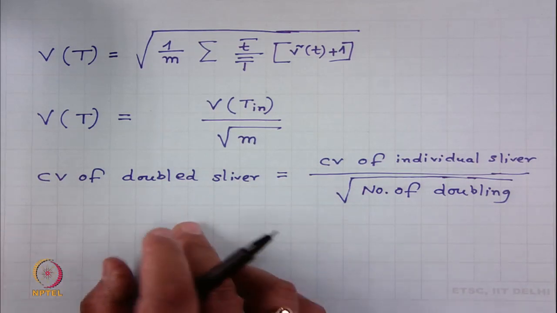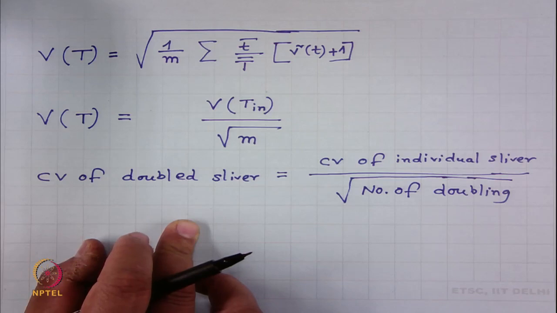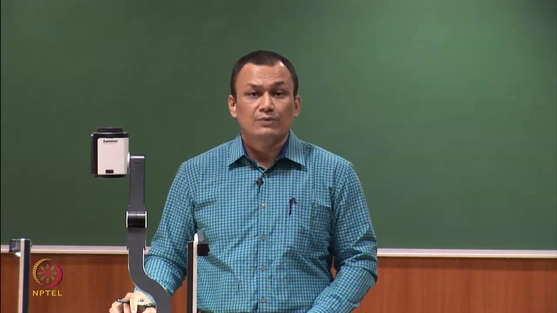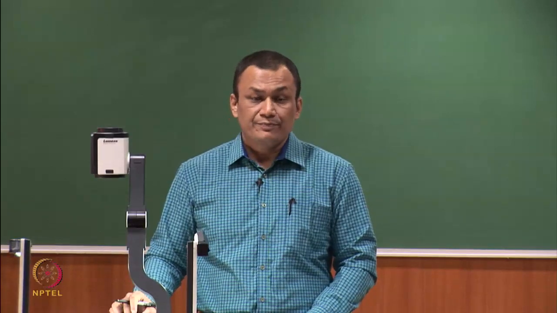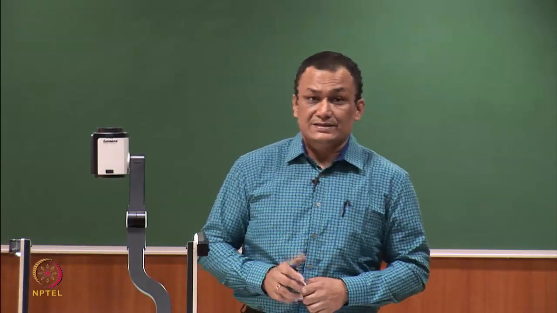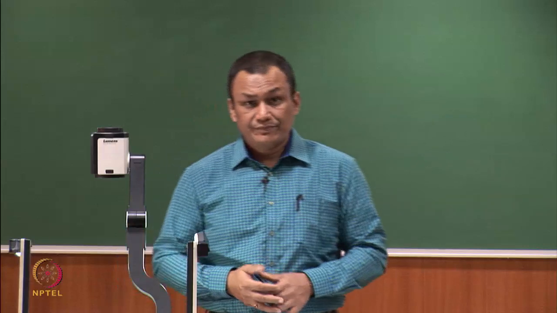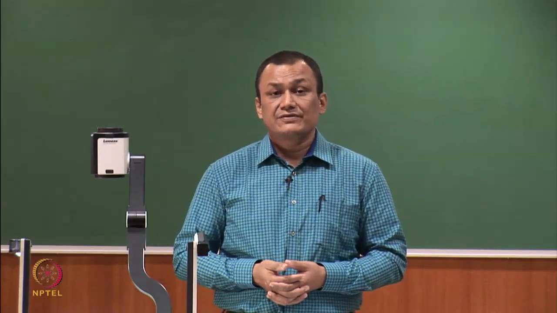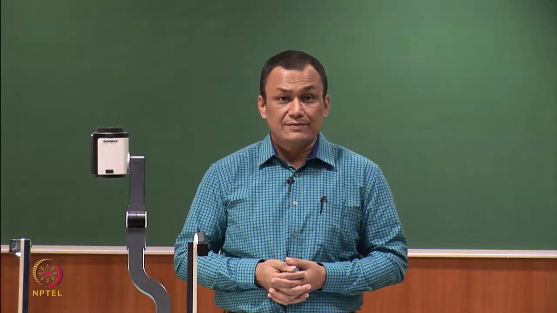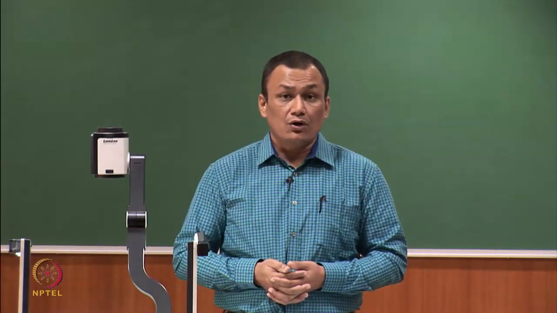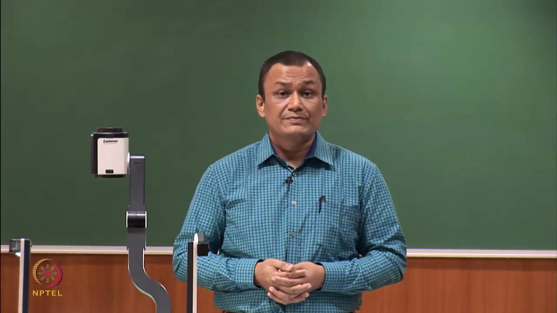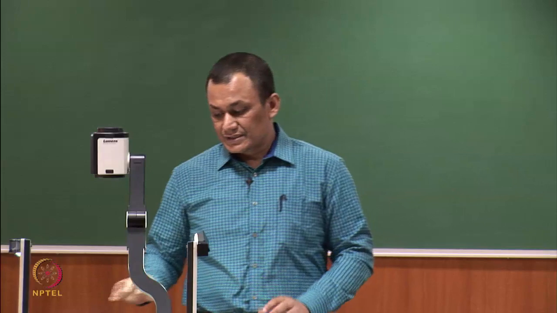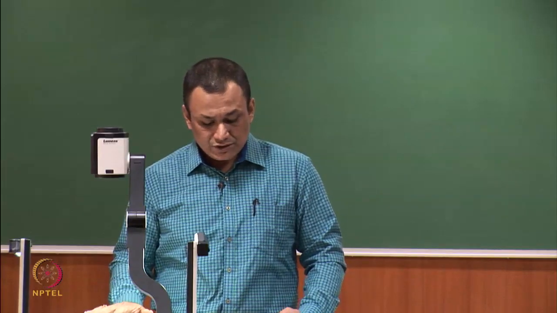So, this expression is a very special case, not true always. It holds true only in one case, when all fibers are same, their mean fineness same, coefficient of variation of fiber fineness same, and also all individual slivers have same mean fineness, then only this expression is true.